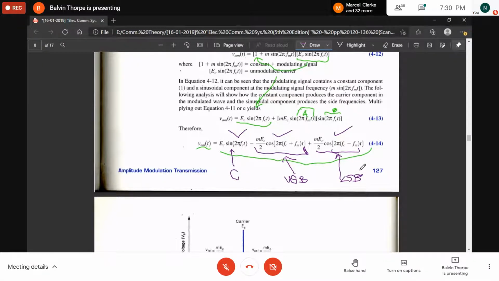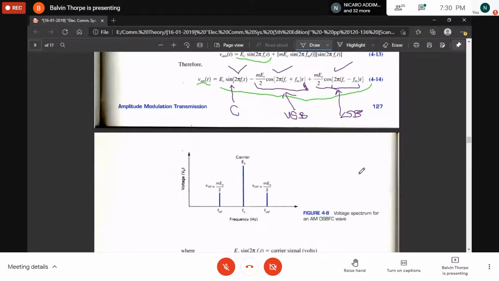If we're supposed to represent this graphically, you can see right here that the amplitude for the carrier, the amplitude for the upper sideband, and the amplitude for the lower sideband are identical. So we could represent this amplitude modulated wave in a voltage spectrum, meaning that you're looking at voltage versus frequency.